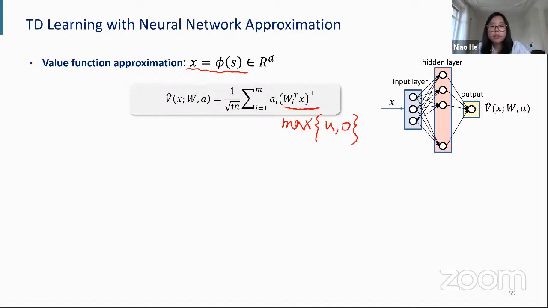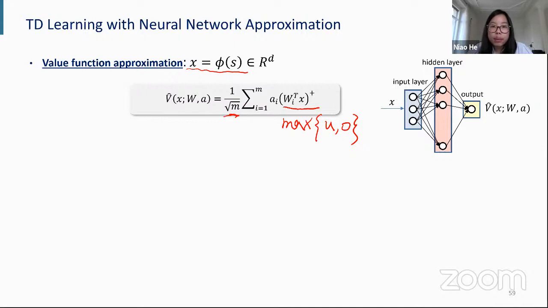That's the standard rectified linear unit, or activation function. And pay attention to this particular coefficient 1 over square root of M, which turns out to be very crucial indeed for the analysis, and you'll see why that's true.